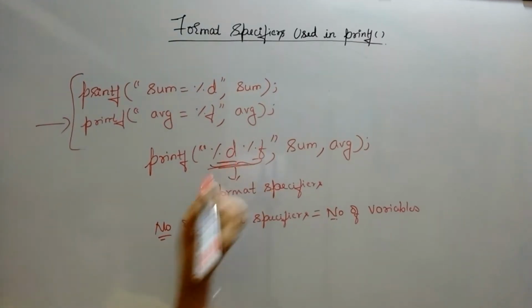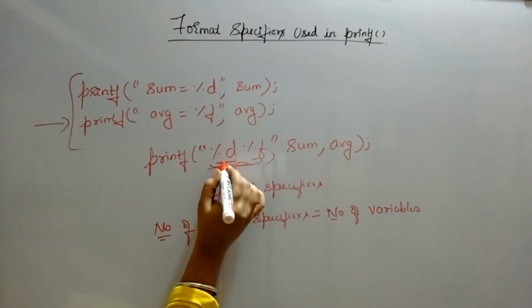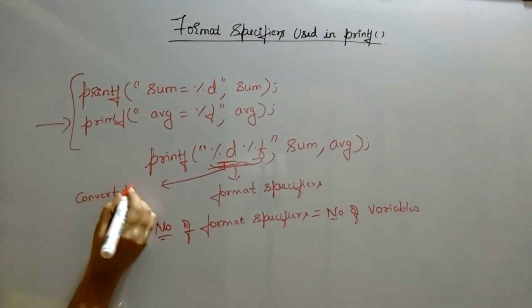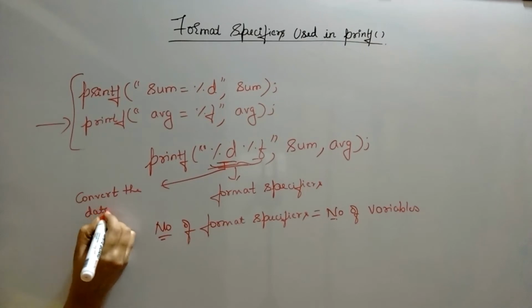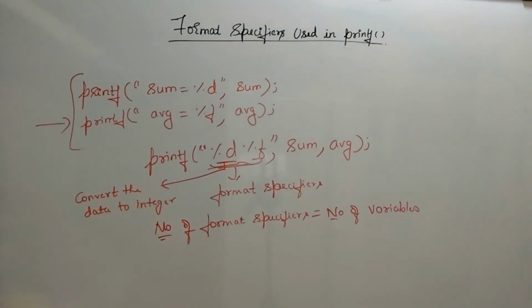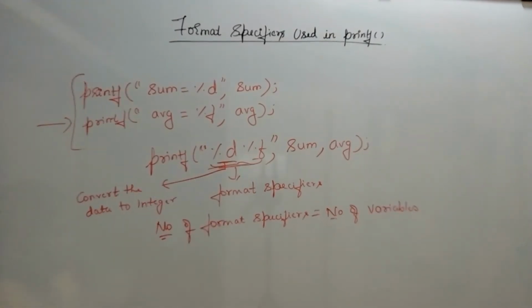Now %d means this is used to convert the data to integer. %f is used to convert the data into floating point, right?